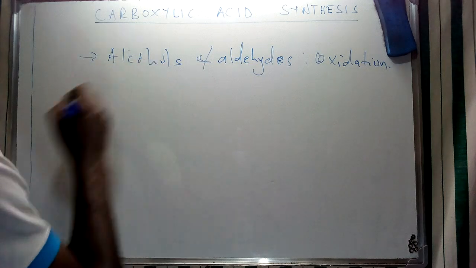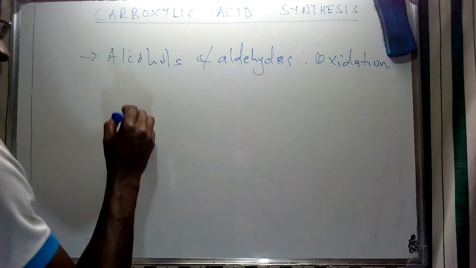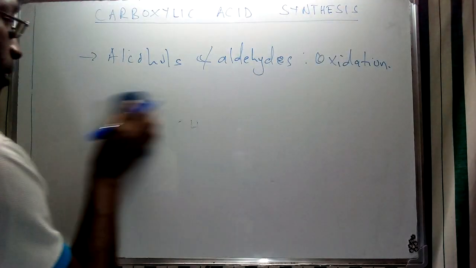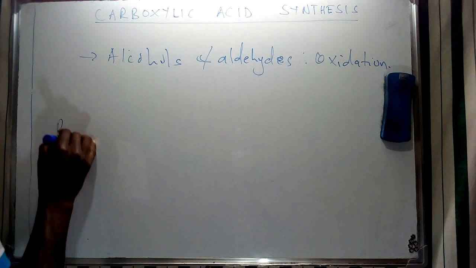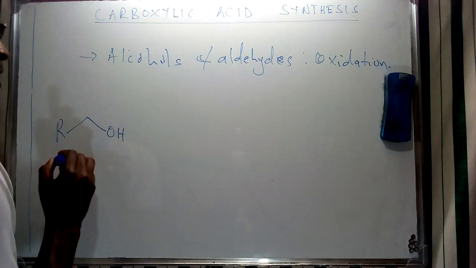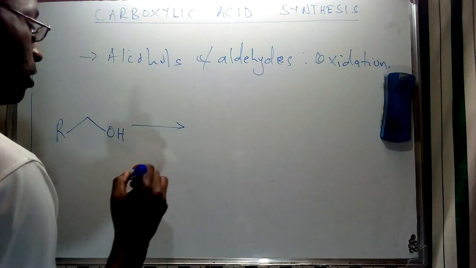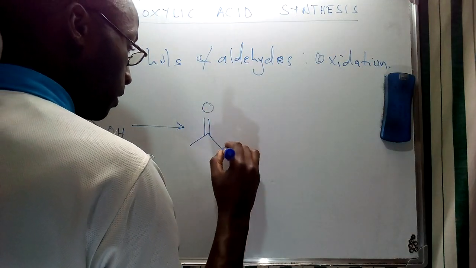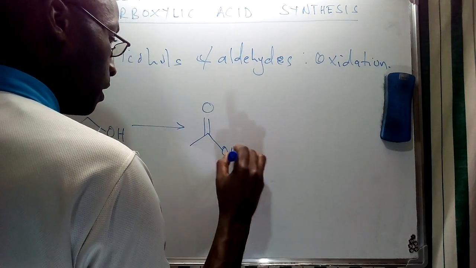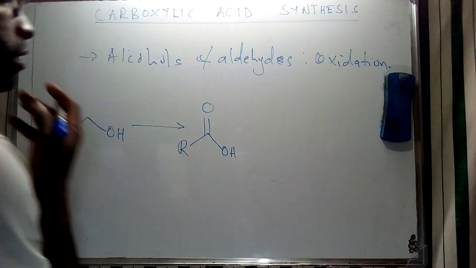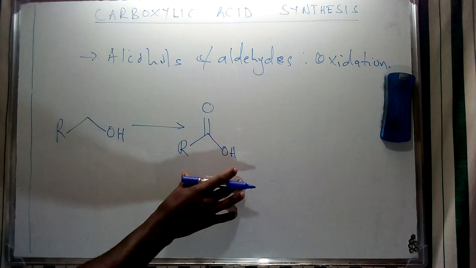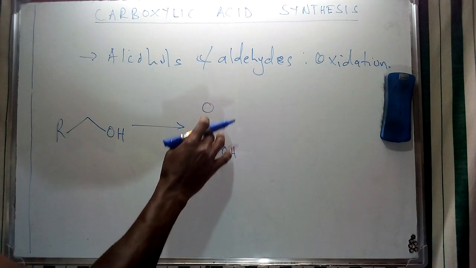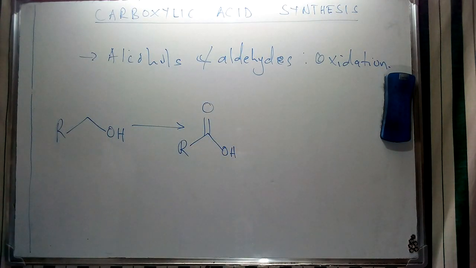As I've mentioned, we're going to subject this particular alcohol compound to oxidation in order to achieve this class of organic compound that we have referred to as carboxylic acid. So we're going to have this one represented as this. I forgot to mention the general representation, but basically this is the general representation for carboxylic acid, with a carbonyl carbon with an OH at this specific point.